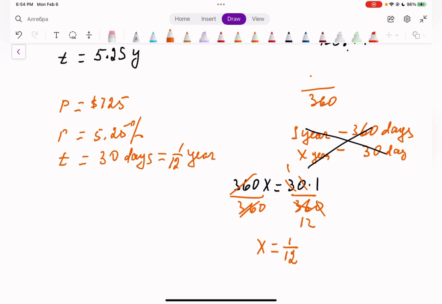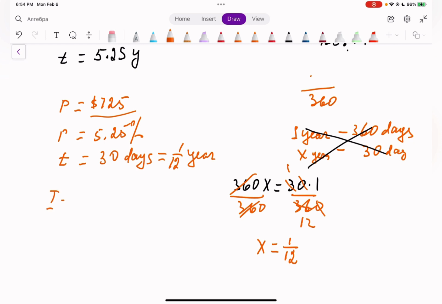Okay, we have it. So now we need to find simple interest. Simple interest doesn't compound month by month. It's the same from the principal, so it's always going to be counted from 725.